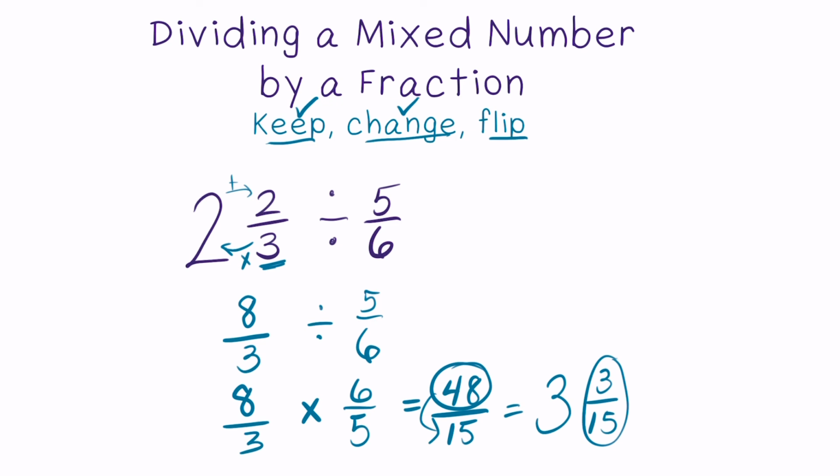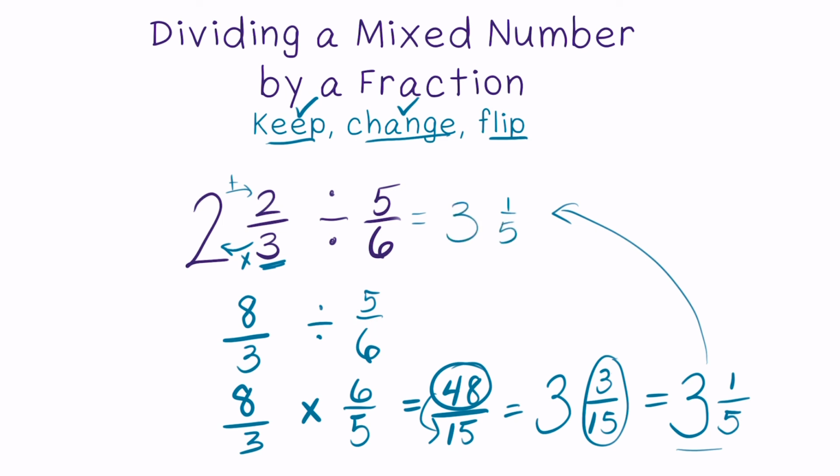But then if you notice this fraction here, 3/15 is not simplified. The numbers 3 and 15 share a common factor of 3. So we could simplify this further by dividing both the numerator and the denominator by 3. So keeping our whole number of 3 here, 3 divided by 3 is 1, and 15 divided by 3 is 5. As you can see, the final answer after simplifying in that way is 3 1/5. And so we get to the same answer using 2 different strategies.